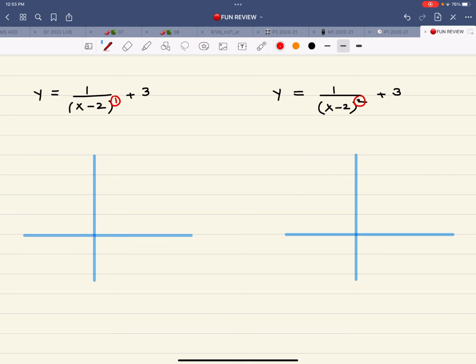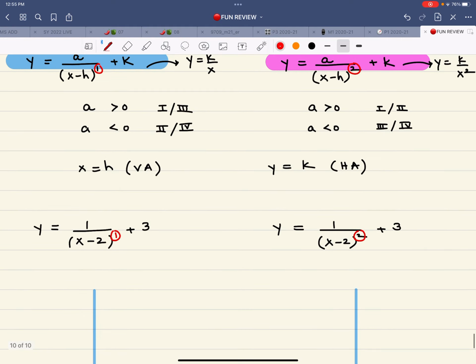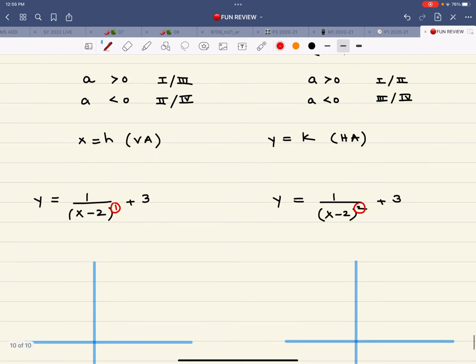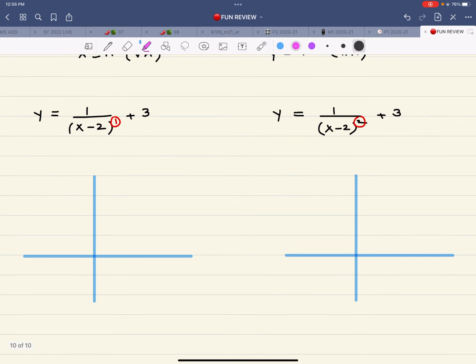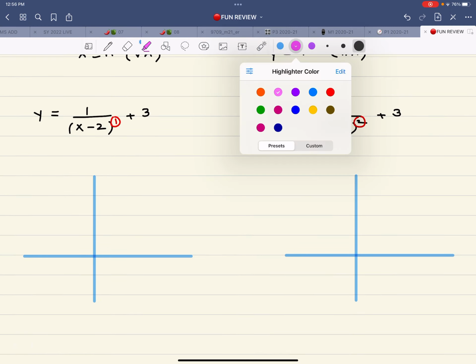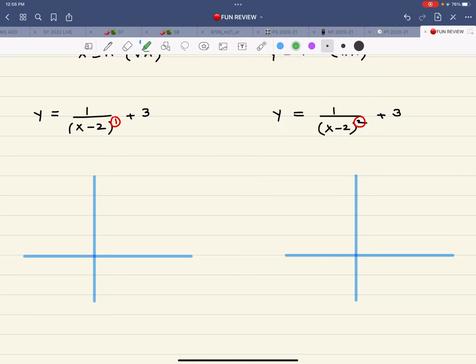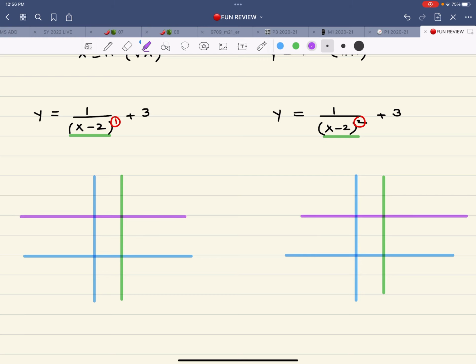x minus 2 is like x minus h. So x equals h, x equals 2, that is the vertical asymptote. The same goes on the other side. That is for this, that is for this. And y equals 3 is the horizontal asymptote.